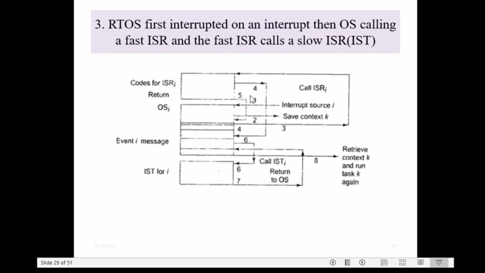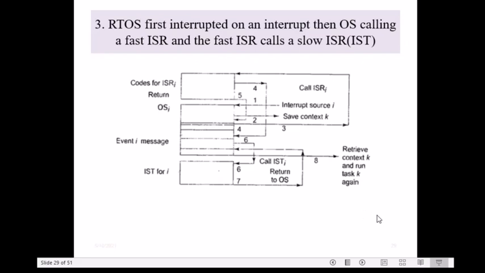The duty of the ISR is to initiate the lower priority procedures used for handling the interrupts. So ISTs will execute. After the execution of the interrupt service thread, the control returns to the operating system. Now the operating system will load the interrupted process, retrieve the context and run the task again.